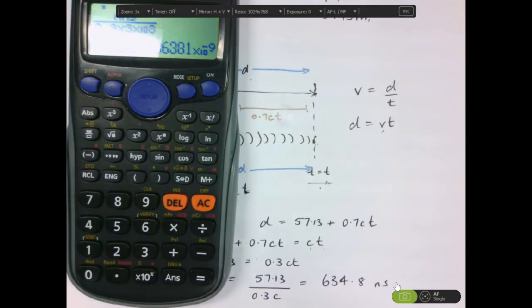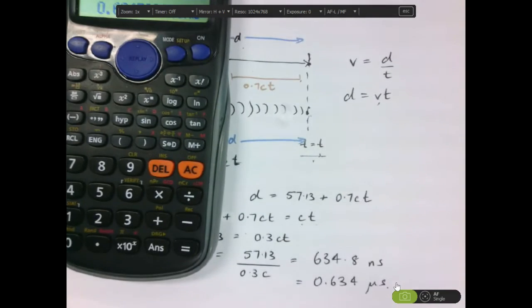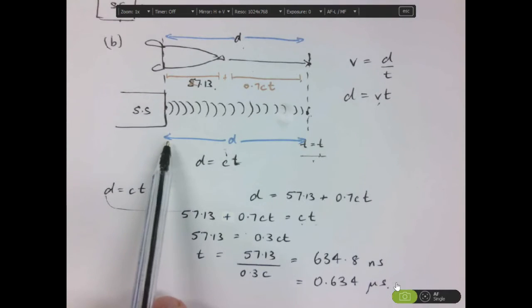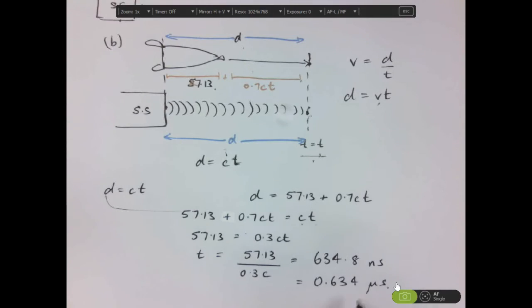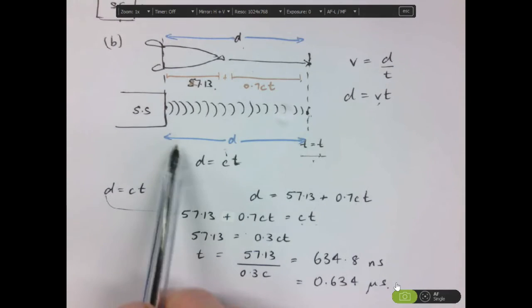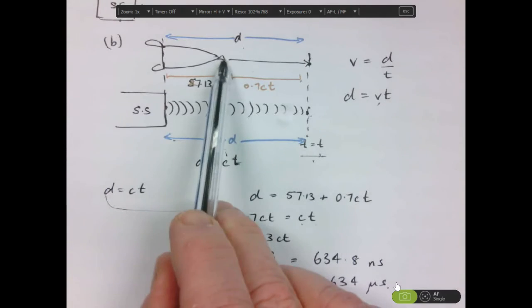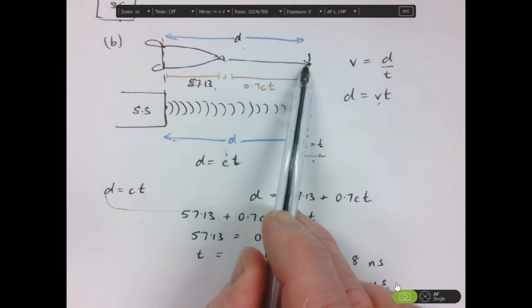Oh, it's in microseconds, so I'm going to undo that. So that equals 0.634 microseconds. Okay. Right, yeah. So after 0.634 microseconds, the signal has moved to here. After that time, this point here has moved to that point there.